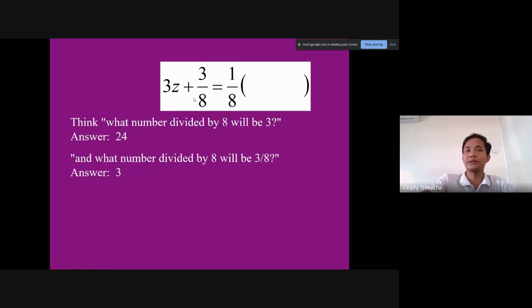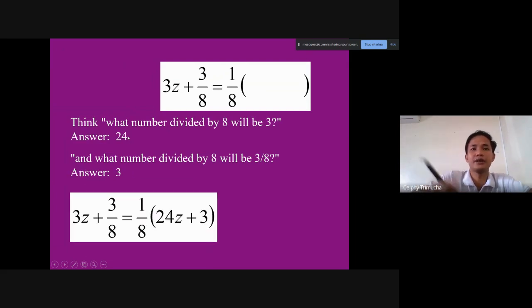Okay, think what number divided by 8 will be equal to 3. So, paano na lang natin himuon? So that will be 8 divided by, anong denominator ang 3? So 8 divided by 1, so that will be equal to 8. 8 times 3, so that will be equal to 24.